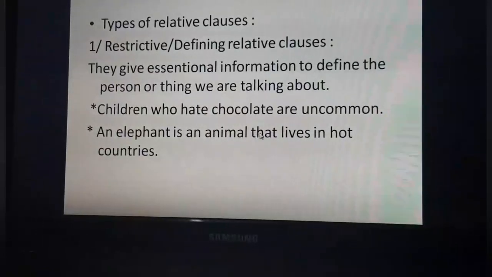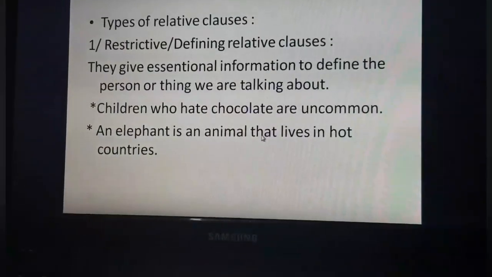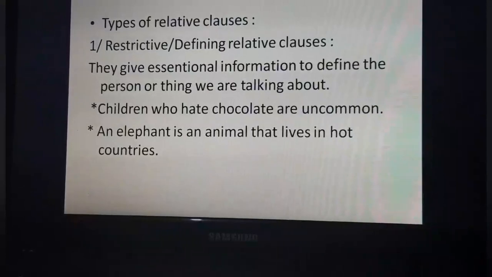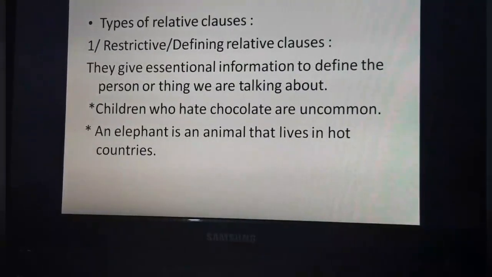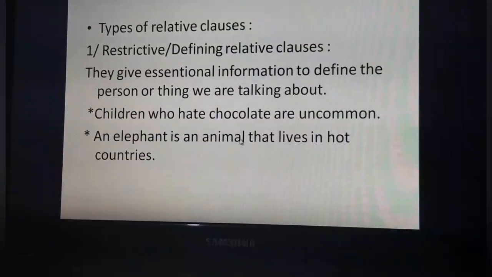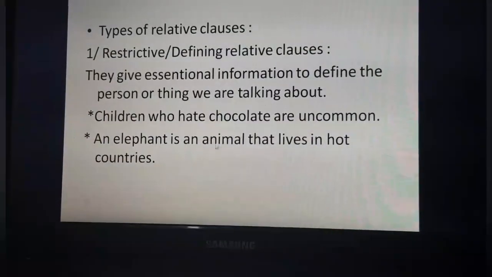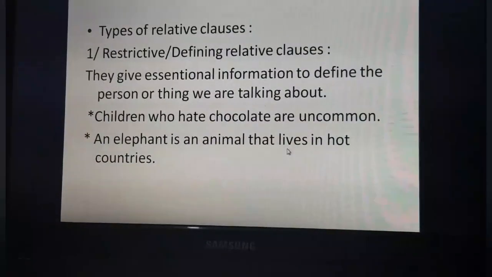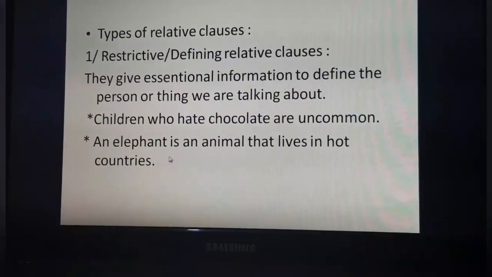Okay, by the way, we can replace it by another relative pronoun, which is, yes, which. An elephant is an animal which lives in hot countries.